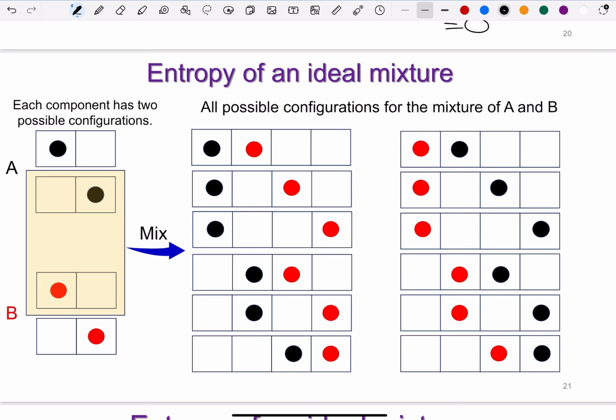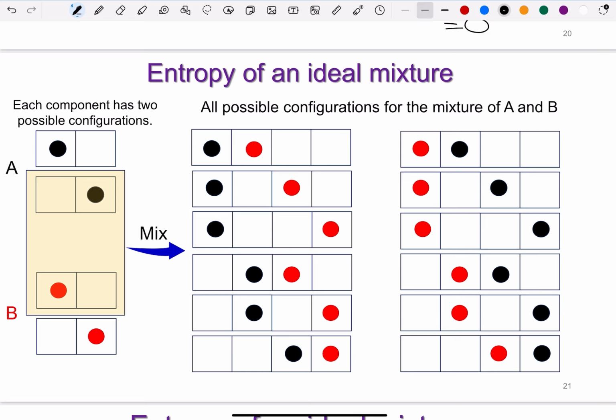So I can have 4. Basically, I can put the first one as a black circle, second one red, and empty, empty. Then I can play with this permutation that I have here. So your number of microstates significantly increases as you mix 2 things together. So it is not linearly additive. So entropy is not additive.